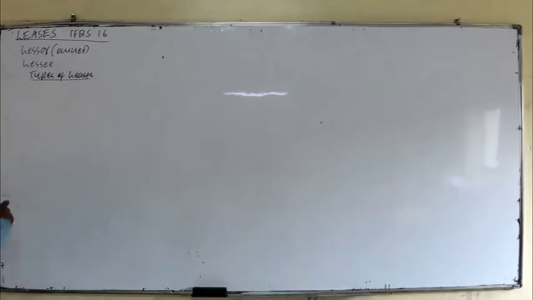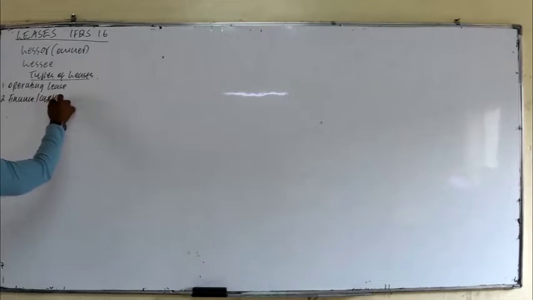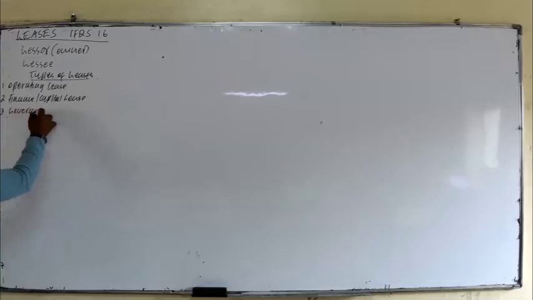Types of leases. We have four types of leases. Number one is the operating lease. Number two, we have the finance or capital lease. Number three, we have the leverage lease.